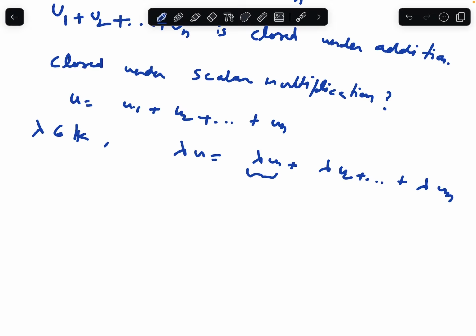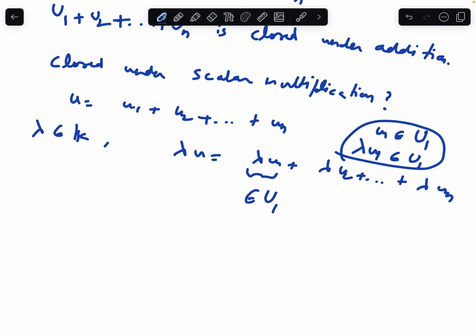So lambda u1 is inside U1 because u1 is inside U1, and U1 is a vector space. Similarly, lambda u2 is inside U2 and lambda un is inside Un.